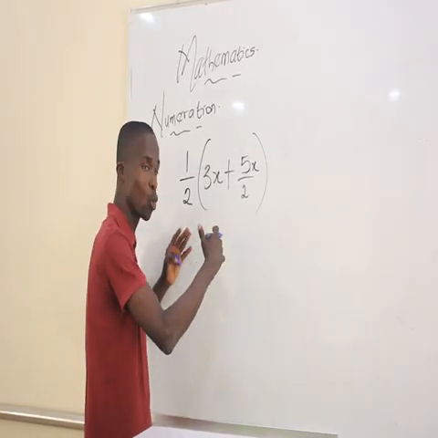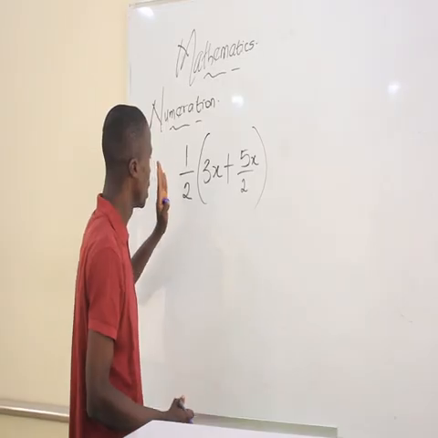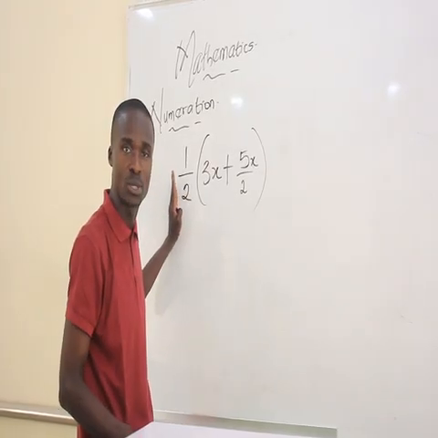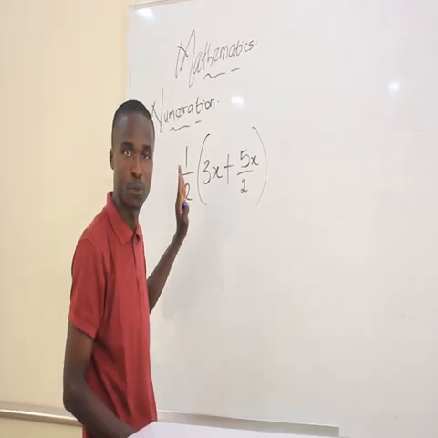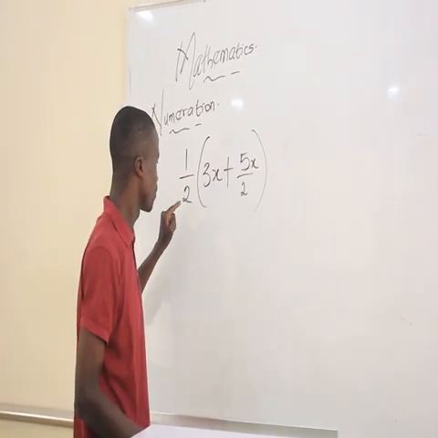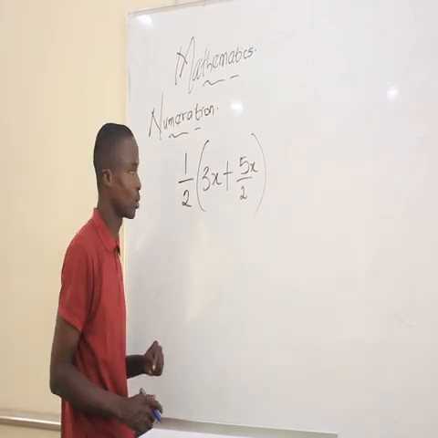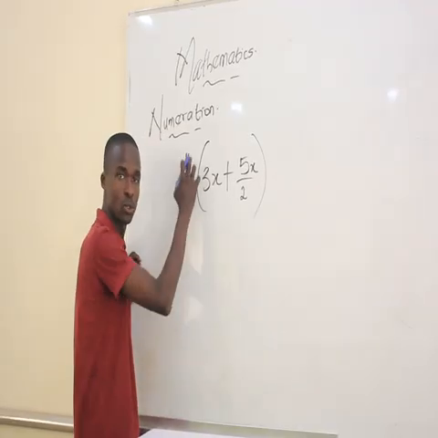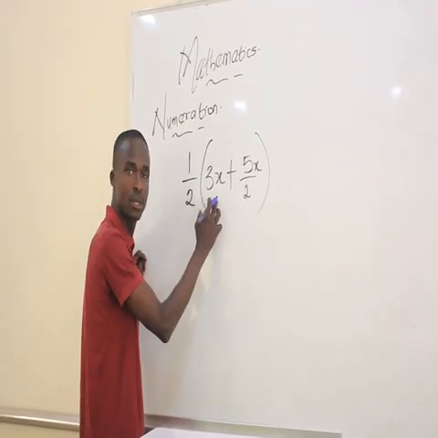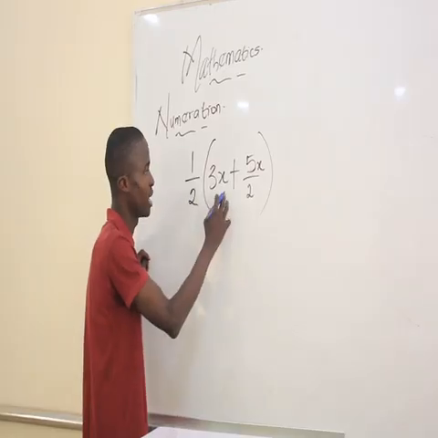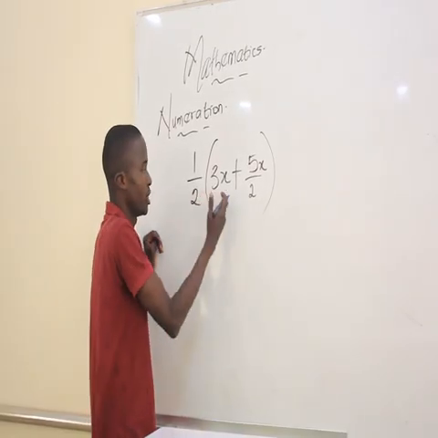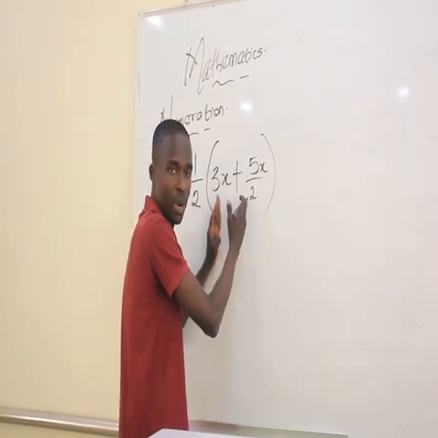You're going to first open the brackets. You have a fraction outside the bracket that you ought to respond to first. You use this fraction to open this bracket bit by bit. So let's take it one after the other: 1/2 multiplying 3x. Or you can deal with the bracket first.